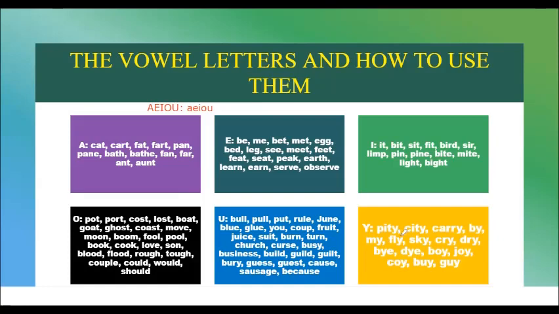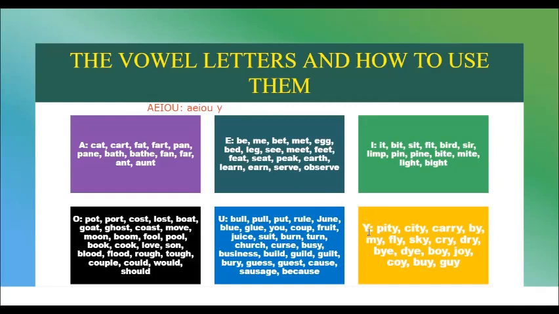Then we have an additional one that we can insert here. The additional here is Y, okay? We have Y as an additional, and Y is known as a semi-vowel.